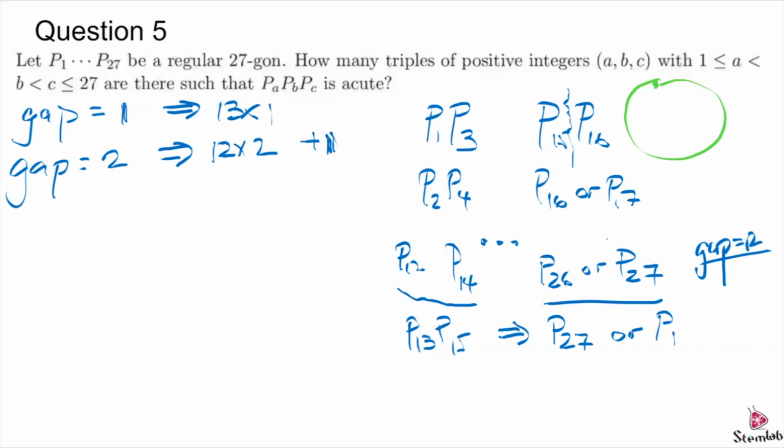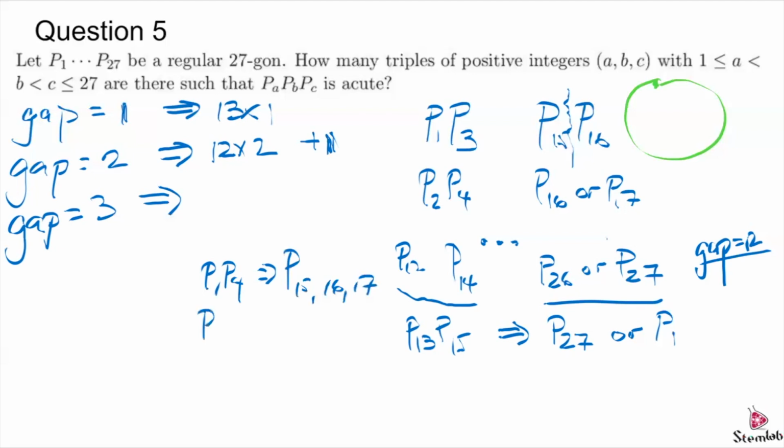And then the next case will be gap equals 3. Okay. And that will be P1, P4, now with P15 or 16 or 17.